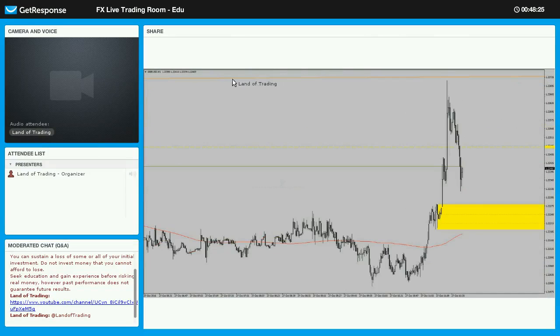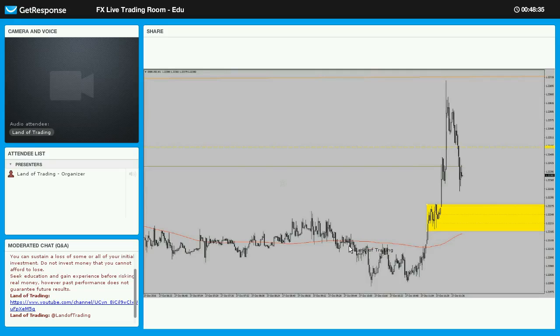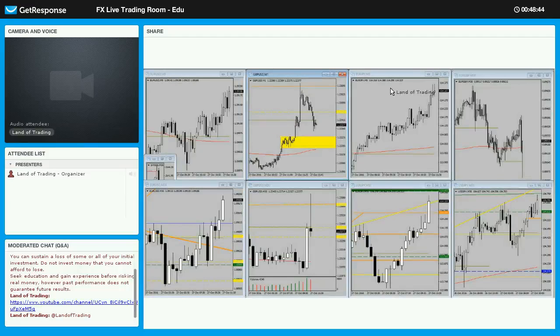Let's check an even smaller time frame, the 1 minute chart. Any questions related to euro dollar, to dollar yen, to pound?